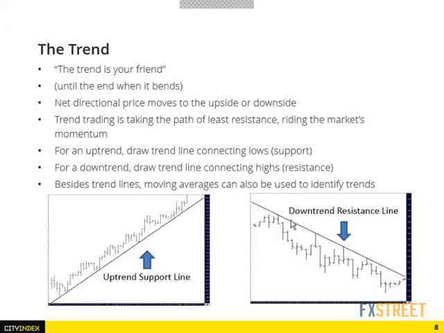We have many different ways we could measure the trend, but the most important aspect is that you know what the trend is, and you have a point at which you say the trend has ended. At that point, you should be looking for a different trend. And that's the real trick here.